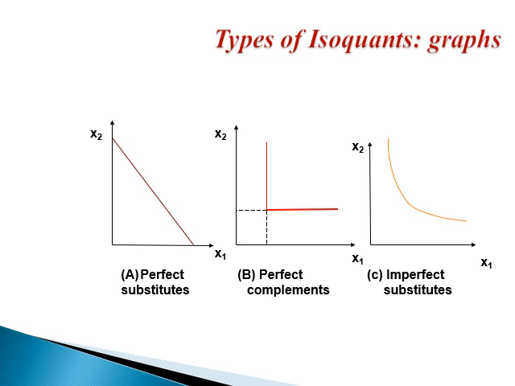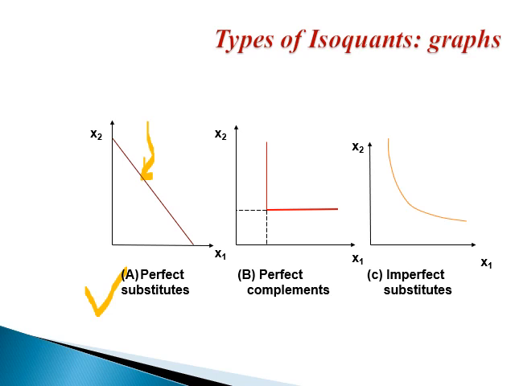This is the case of perfect substitutes right here. Here I have X1 as the first variable input, X2 as the second variable input, and the isoquant in that case will look like this. Let us say y equals 15.